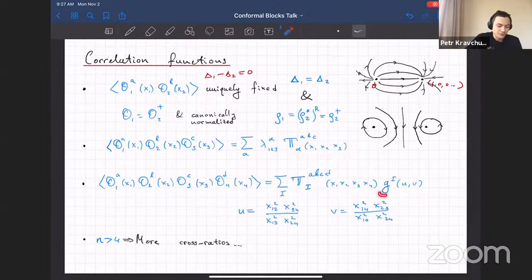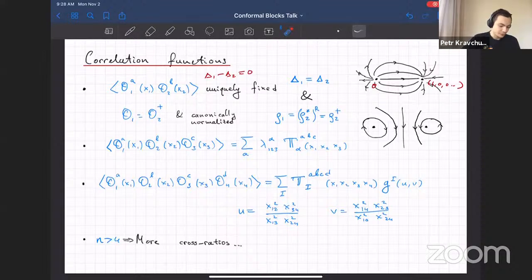And we need to specify several functions, G of U and V, to specify the correlation function completely. If all operators are scalars, there is just one function, but more generally, there can be several, but always finitely many. And the situation continues on for higher point functions. You just get more cross ratios and more tensor structures, but conceptually nothing changes.